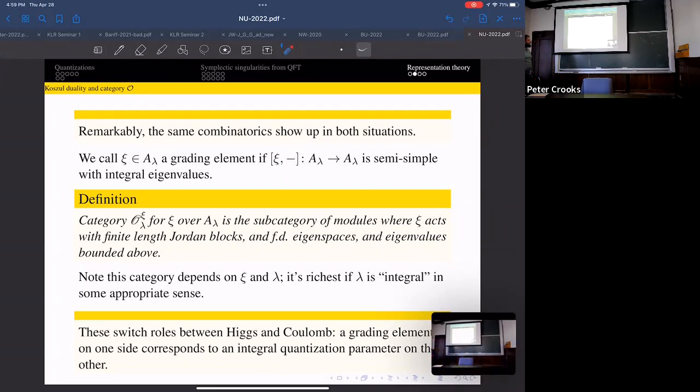It's going to be nicest if the quantization I choose is integral in some appropriate sense. This goes back to Ben's point about Sommerfeld conditions. These parameters actually swap roles when you switch between these: the data of choosing a quantization on the Higgs side gives you a C star action on the Coulomb side, and vice versa.